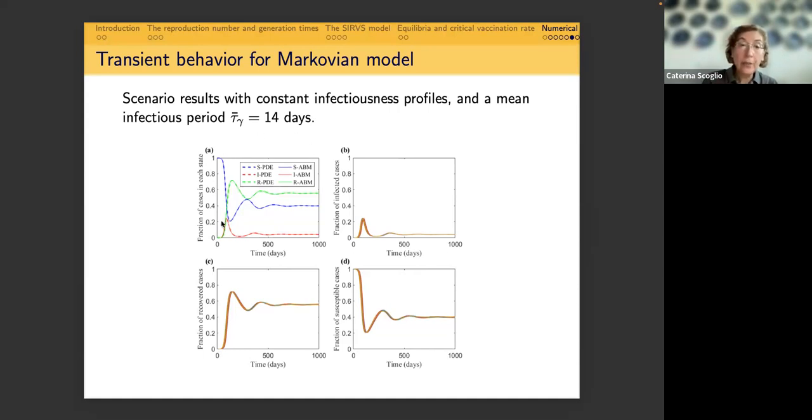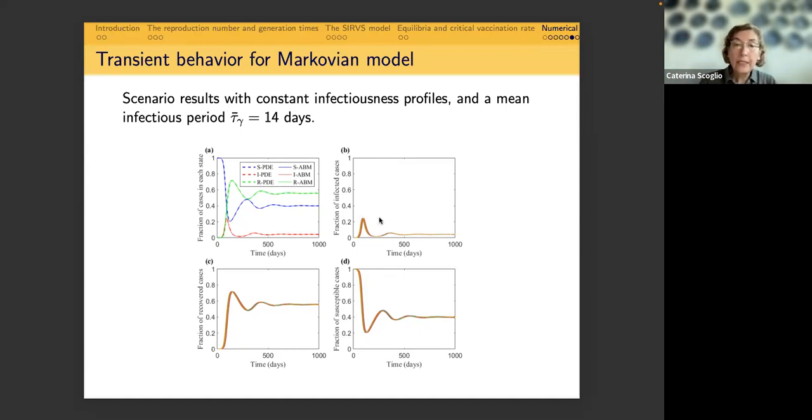And here in the first panel, instead, we compare the value of the PDE result for the 3 compartments S, I, and R. And so these are the dotted curves, and we compare this with the median of the results of the ABM. And we can see here that the agreement is almost perfect. So the ABM supports very well the results of the PDE.